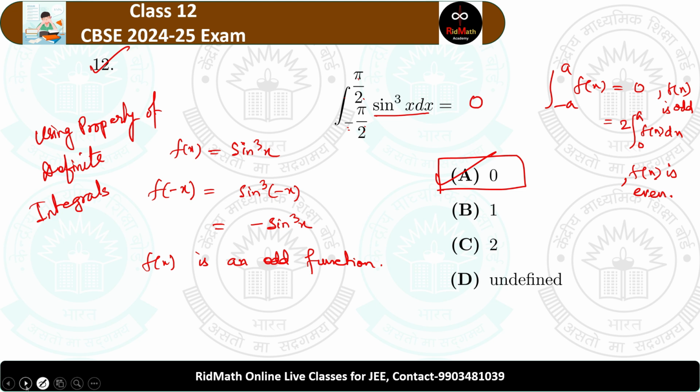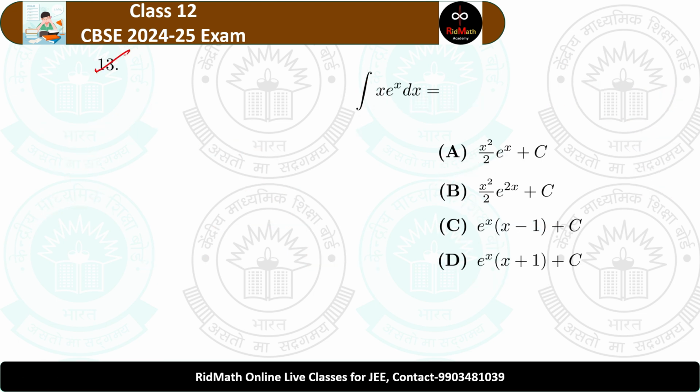Next problem, question number 13, integration of x e to the power x dx. This integration is done using integration by parts. If you remember this integration, that will be much better, because this is a standard integration.